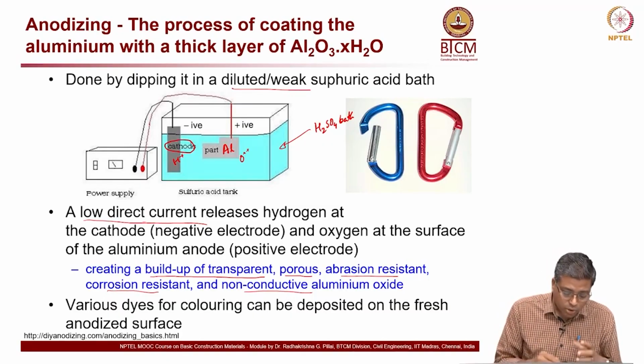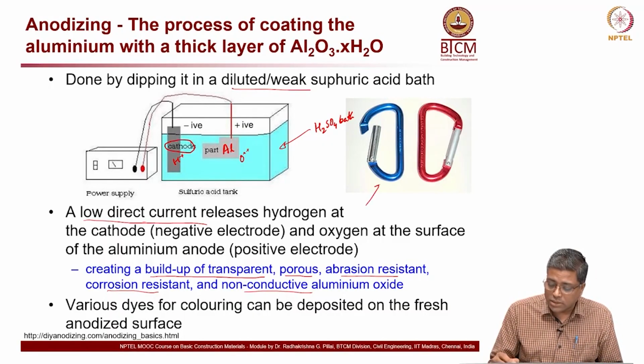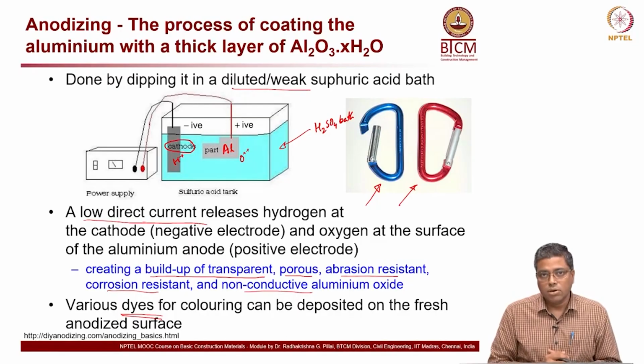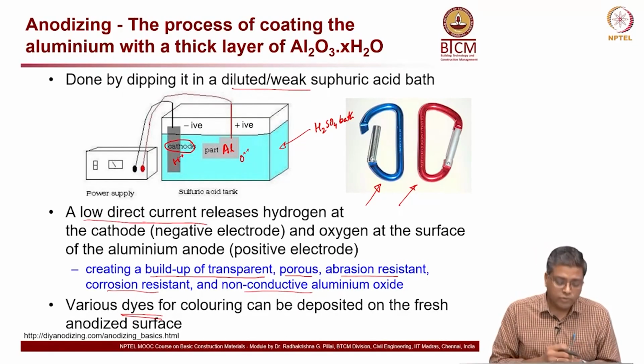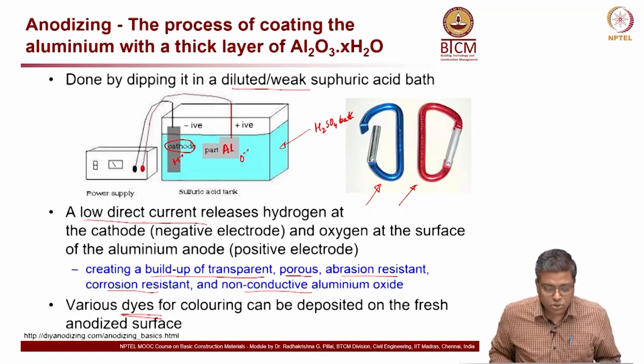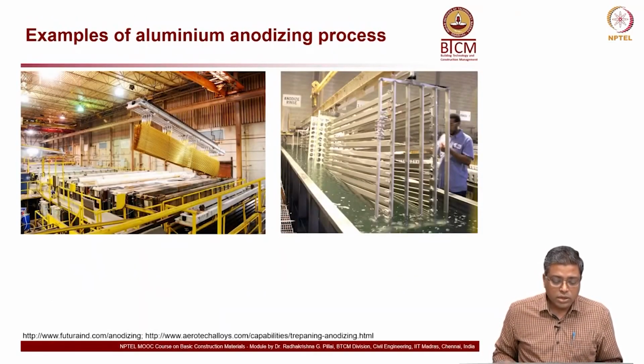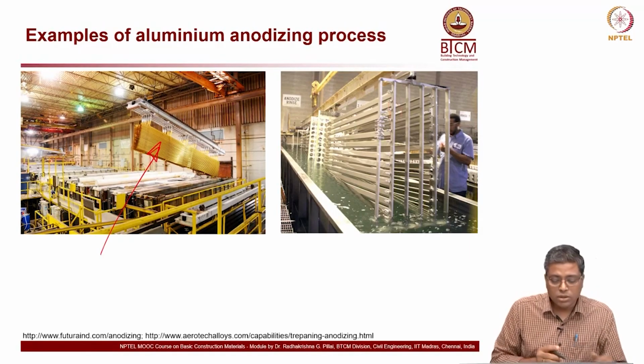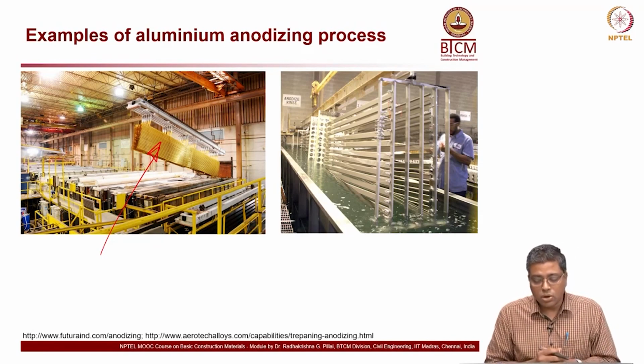And to provide color, like you see on the right side, there is a keychain with the blue and red color, that is achieved by using some dyes. Coloring dyes or pigments can be deposited on the fresh anodized surface. I will show you how it is done. You can see here this element is yellow in color.